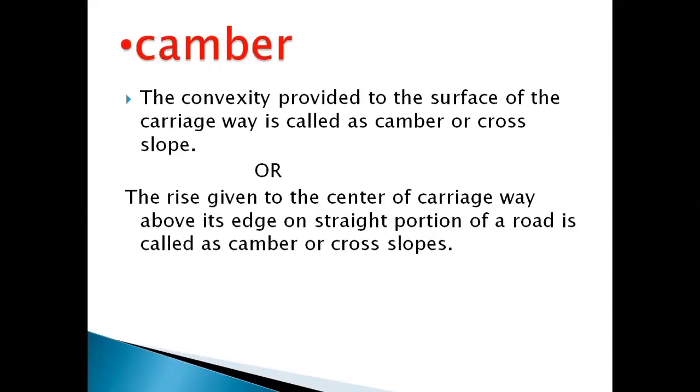Now in this lecture we are going to discuss the next parameter of geometric design of highway, that is camber. Now see what is a camber. The convexity provided to the surface of carriageway is called camber or cross slope.